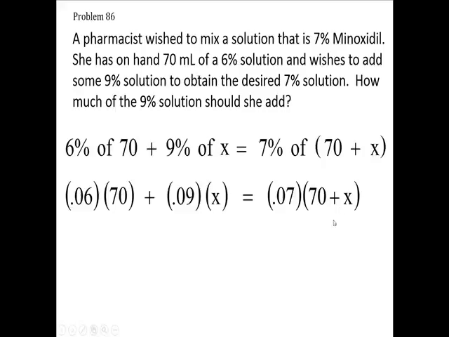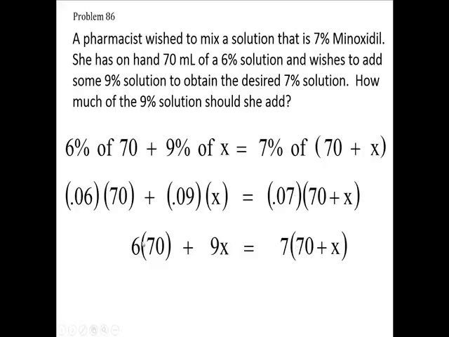Okay, and then I don't like the 0.06 and the 0.09 and the 0.07, so I'm going to multiply everything through by 100. 0.06 times 100 is 6, so I have 6 times 70. 0.09 times 100 is 9, so I have 9 times what? Okay, equals 7 times the parentheses.